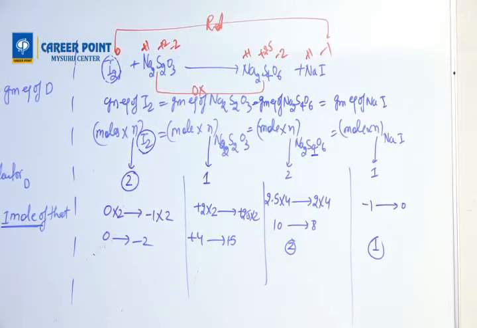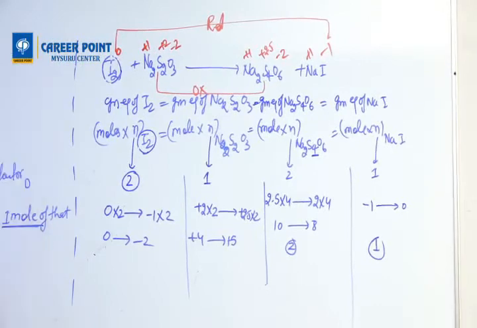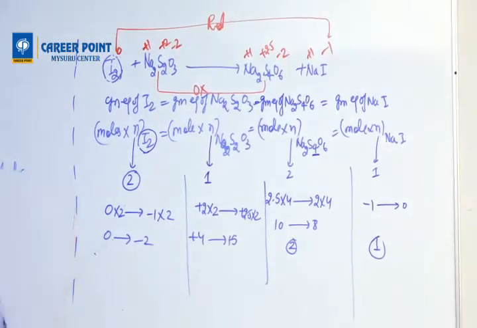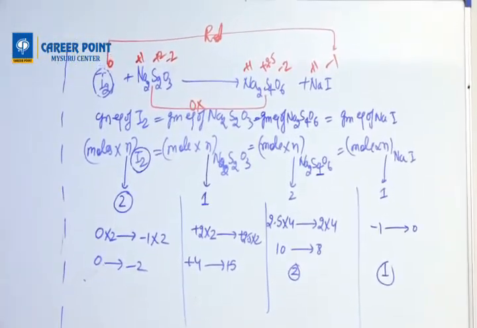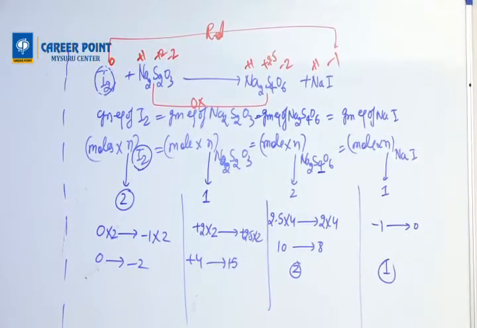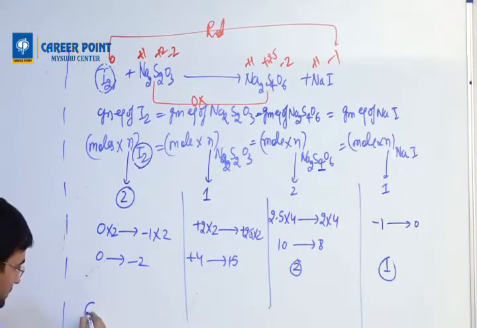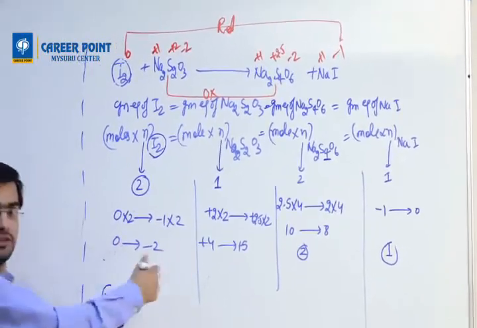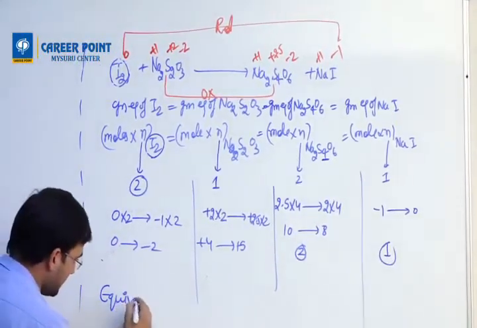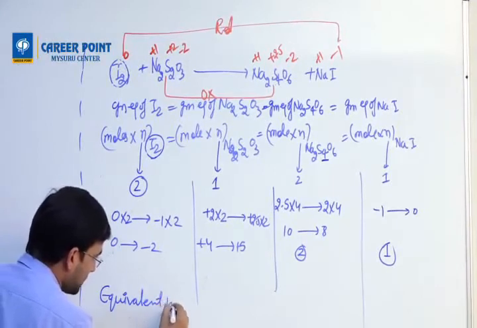So now we'll solve a problem, okay? One more point here only, this side. Equivalent weight: once you know the n factor, then we can write equivalent weight.